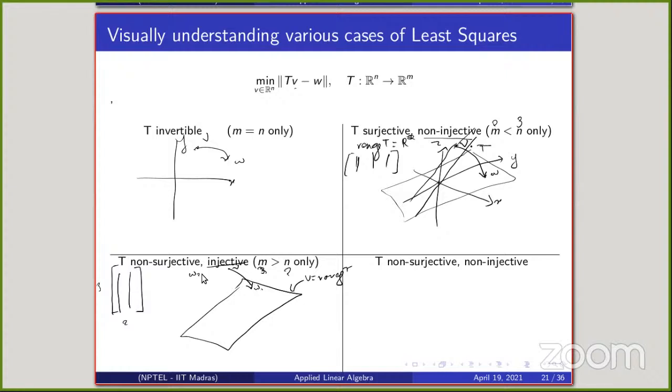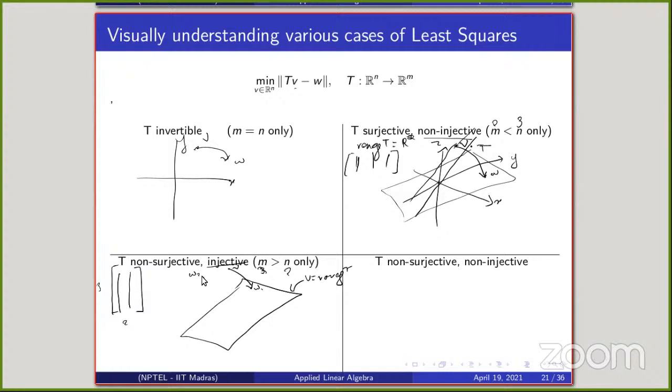Now, what if W2 is not in the range of T? In that case, we have to take a projection. So what we did in class was, if we had an equation AX equals B, we pre-multiplied by A transpose, and we set A transpose times (AX minus B) equals 0.